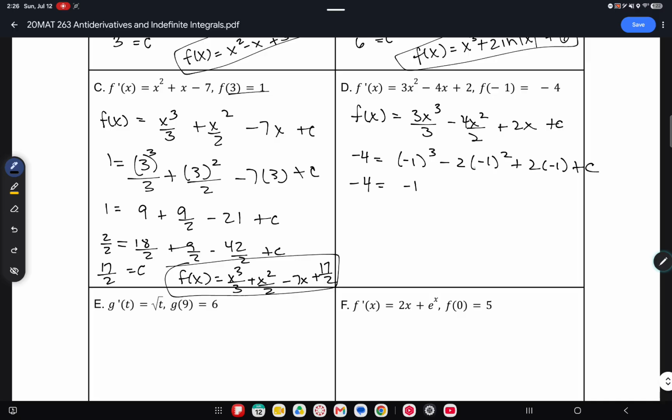And let's see, we get negative 1 minus 2 plus c. Negative 1 minus 2 is what? Negative 5. So if I add 5 over to both sides, we get 1. So our specific solution is x cubed minus 2x squared plus 2x plus 1.